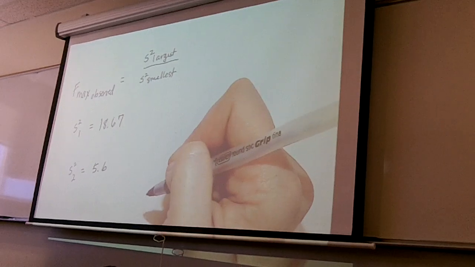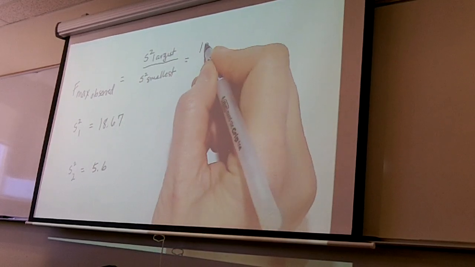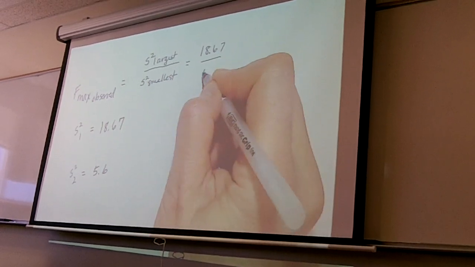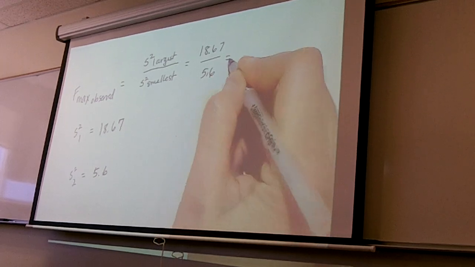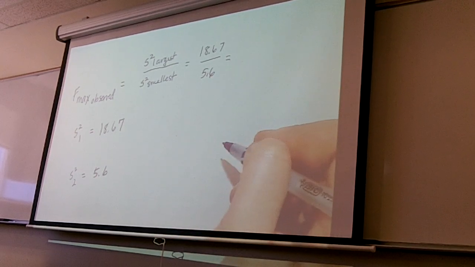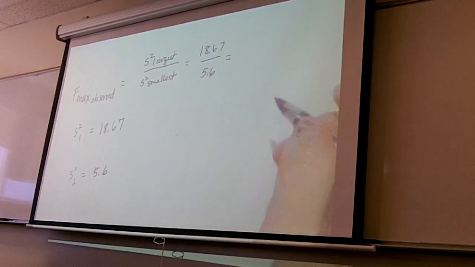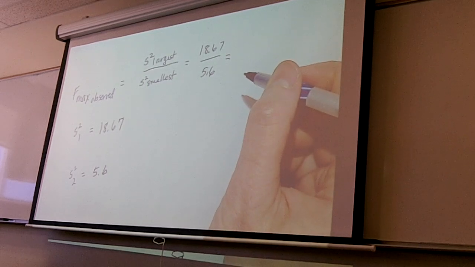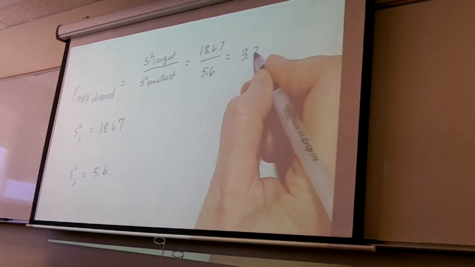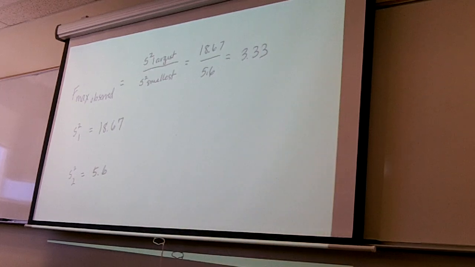So it's a ratio. So that means I'm going to take 18.67 and divide it by 5.6. What is that value? 3.33? Yep. Okay. That's my F observed.